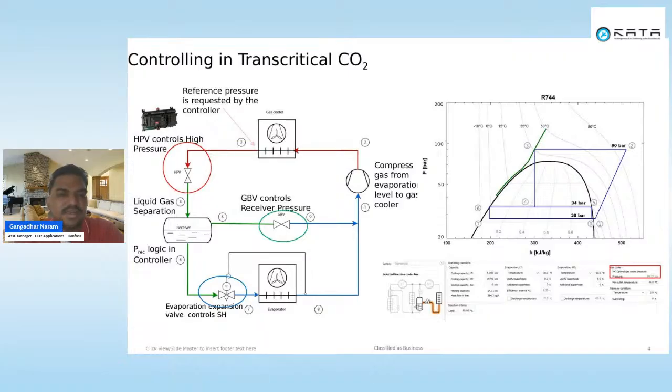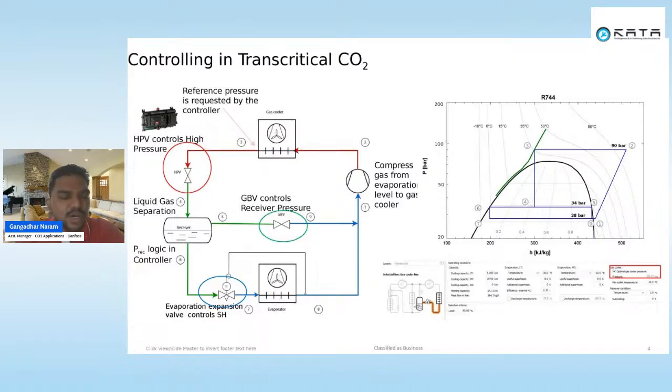That is the reason what we need to do is drop from the high pressure, using the high pressure expansion valve, to some intermediate receiver pressure. If you observe this high pressure expansion valve from point 3 to point 4, we are dropping the pressure from 90 bar to an intermediate pressure, 34 bar in this example.